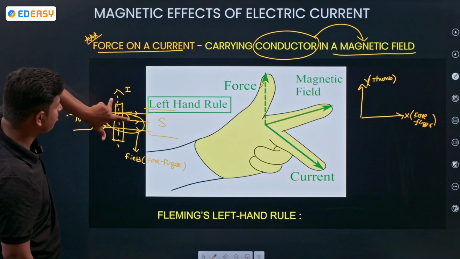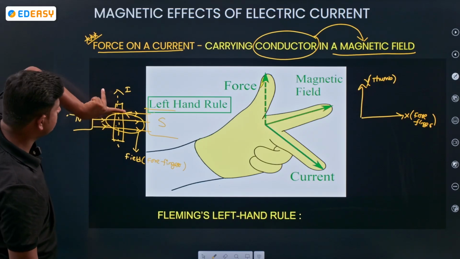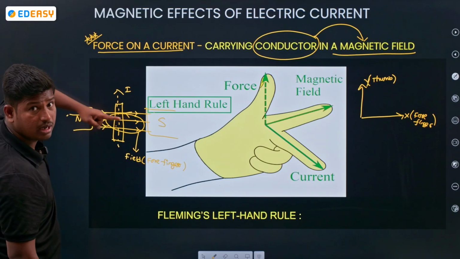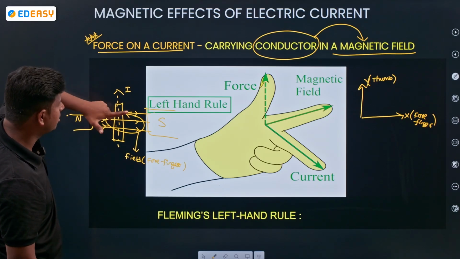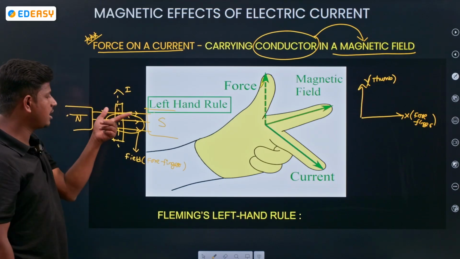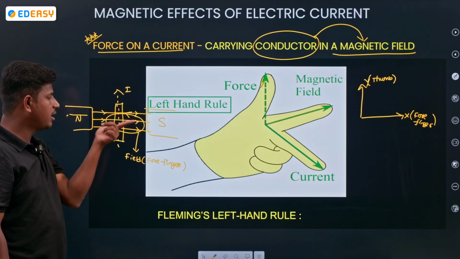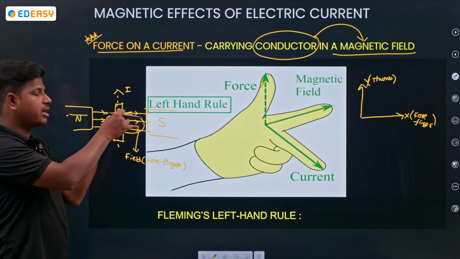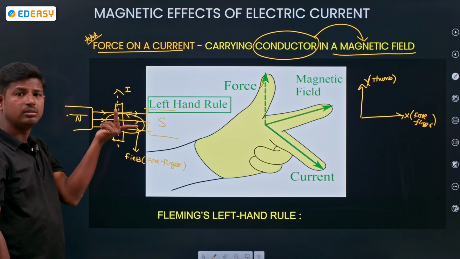Current, middle finger, right. See, if I am placing it like this, force. Field, current, like this. Current is always represented like this, right? Field. Current is in the upward direction, and how will the force be? Which finger represents force?